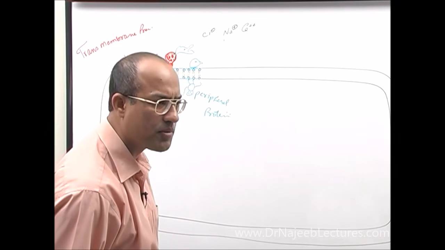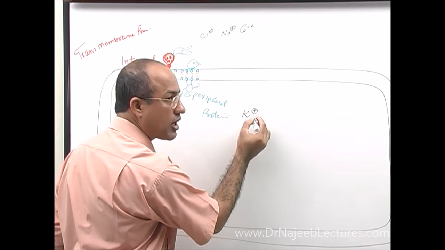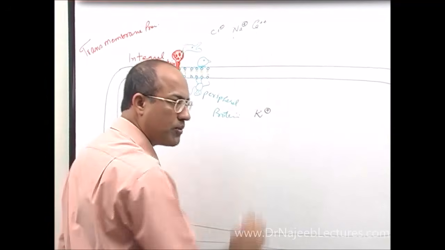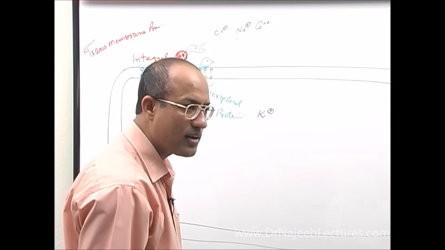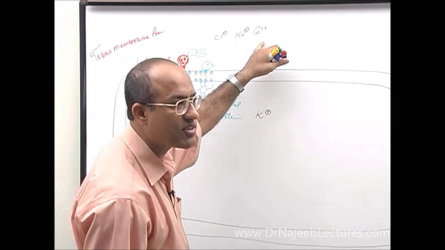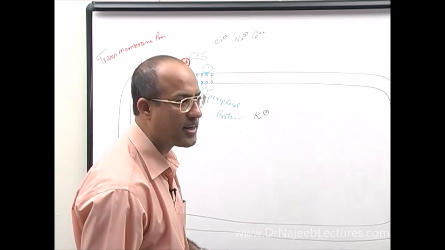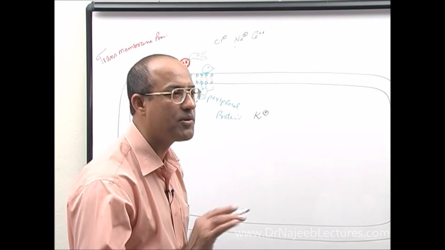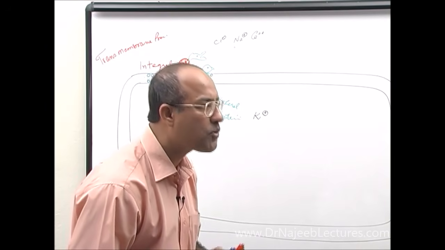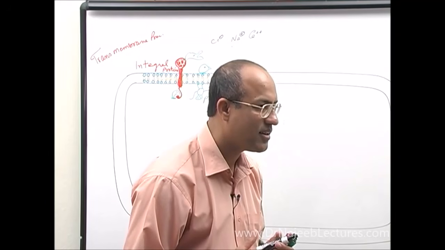Or even potassium, it has a charge, it is not lipid soluble. Can it diffuse through the membrane? No. But when we need to move such substances which are not lipid soluble through the membrane, then we need the help of a protein. How can proteins help us move substances through the membrane?